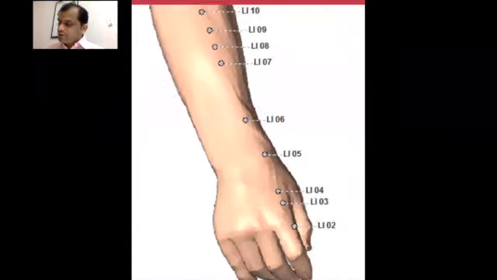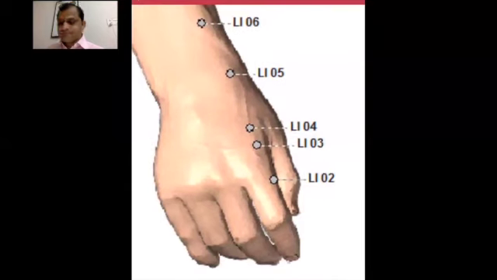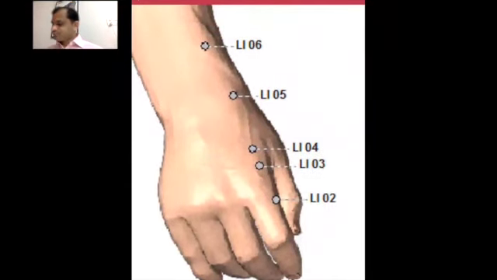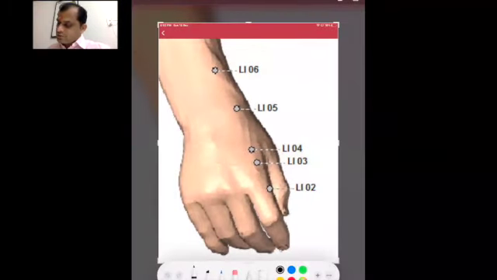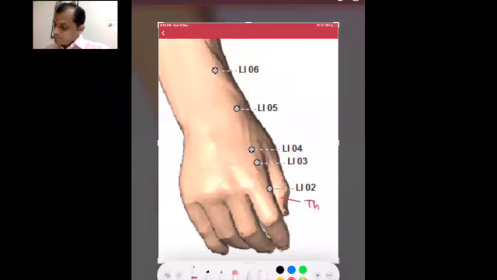So look at the location of Li4 point. The Li4 point is a very famous point. It is also called painkiller point or analgesic point. So this is the thumb and this is the index finger. Now we are going down.